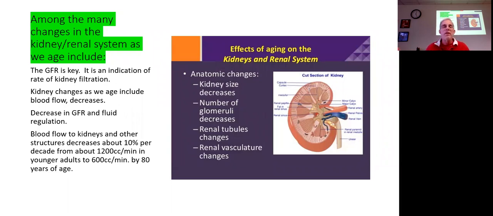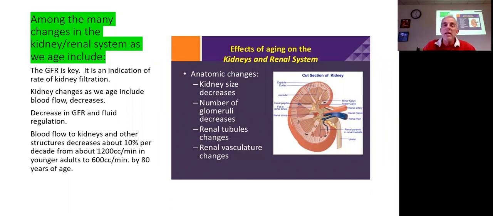Blood flow to the kidneys and other structures within that system decreases by about 10% per decade. When you're younger, you are able to process 1,200 cc's per minute, maybe. But as we age and get up to our 70s and 80s, that filtration and use is cut in half, to about 600 per minute. So those are obvious changes.